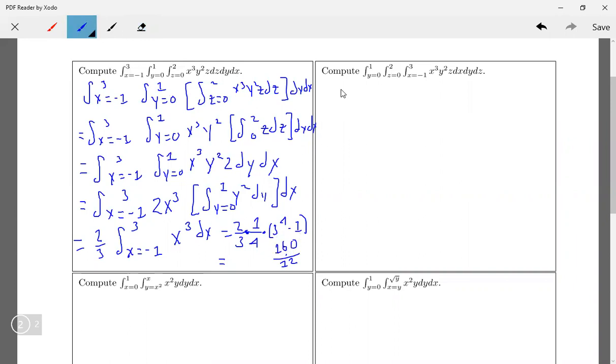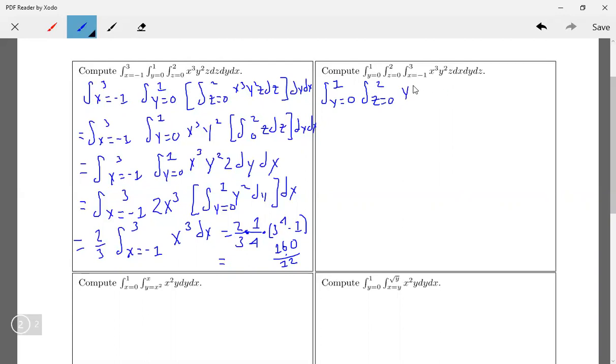Okay, now let's move on to the next example. Again, similar to the problems above, this looks very similar, except the integrand is the same. The limits on the integrals are the same. We're just doing the integral in a different order. So this is going to be the integral y equals 0 to 1. The integral z equals 0 to 2. Now the inner integral is going to be an x integral.